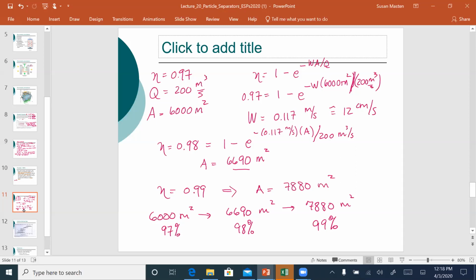So we had to add about 700 here, and we're adding almost 900. So the higher the efficiency we want, the more area we're going to need, and the more difficult it is to achieve that.